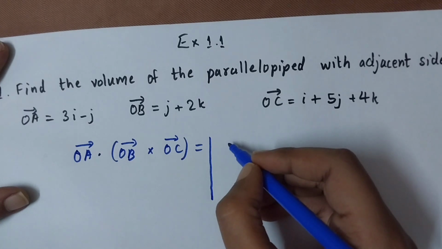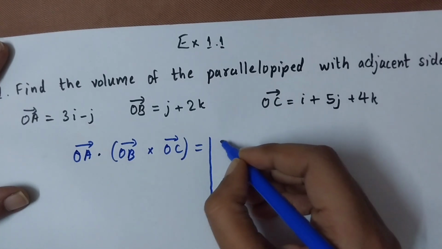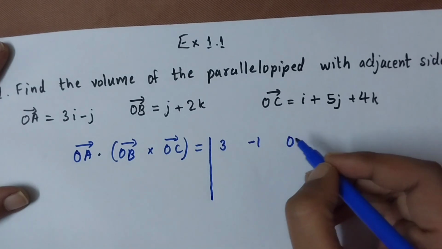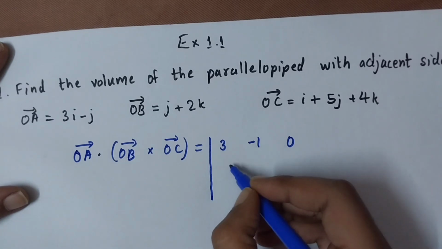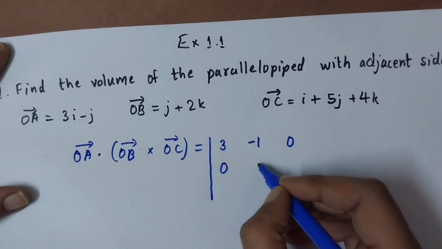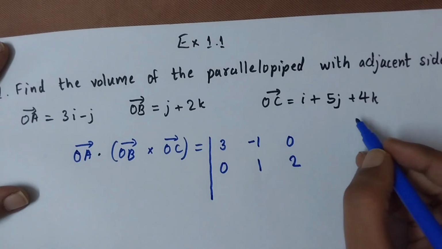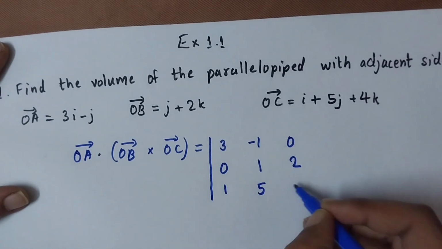First we have to write the components of OA vector, so they are 3, minus 1 and 0. Next the components of OB vector, 0, 1 and 2. Next the components of OC vector, 1, 5 and 4.